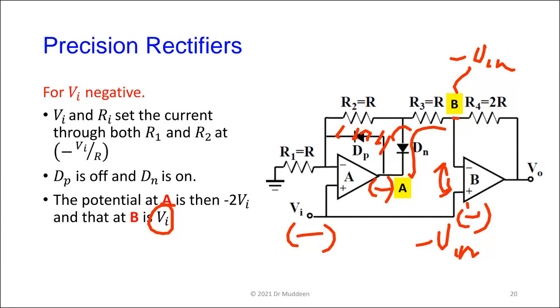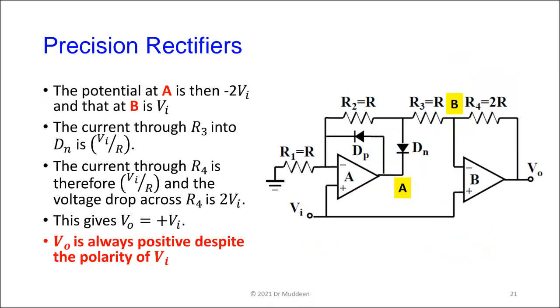Because if we have negative V in here, this point is supposed to be pulling it to minus V in. Right? So then we can now calculate the current through this as V in over R, because we have minus 2 V in on one side here, and we have minus V in on the other side. So we can calculate the current through R3.